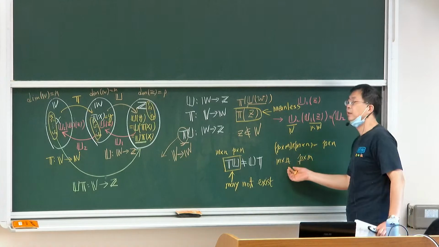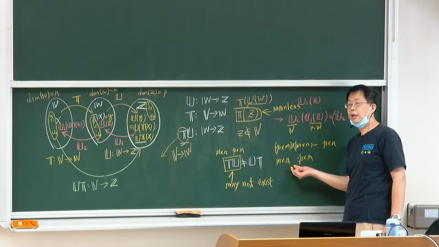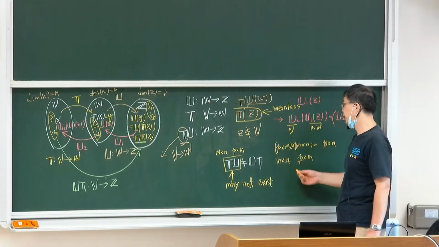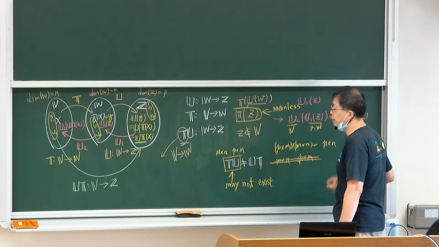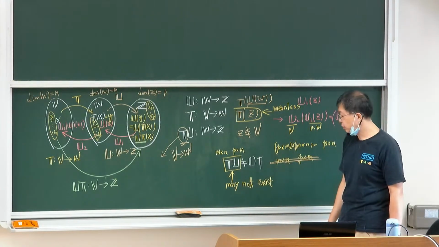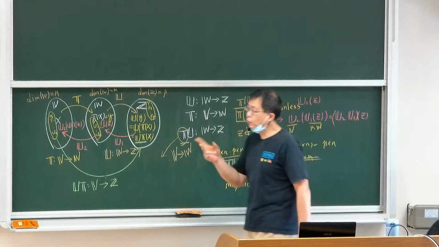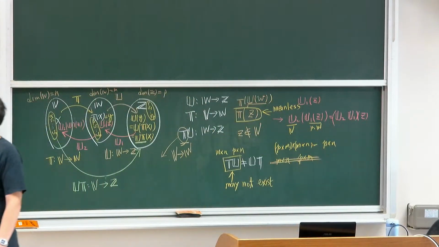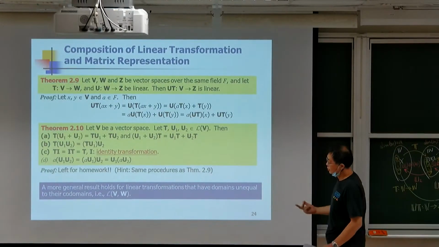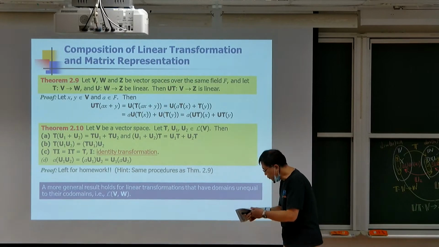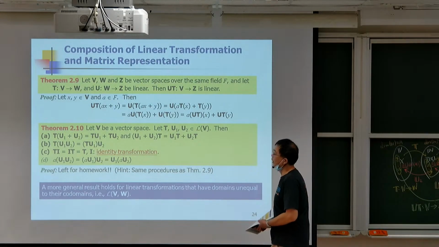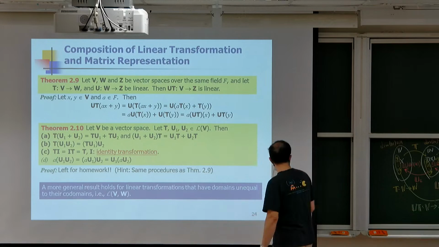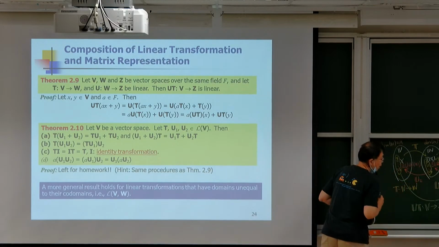The number of elements are not the same. So there's no such matrix operation. So UT cannot be commutative. This is very important.